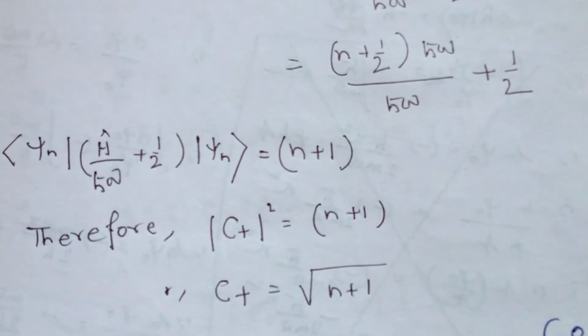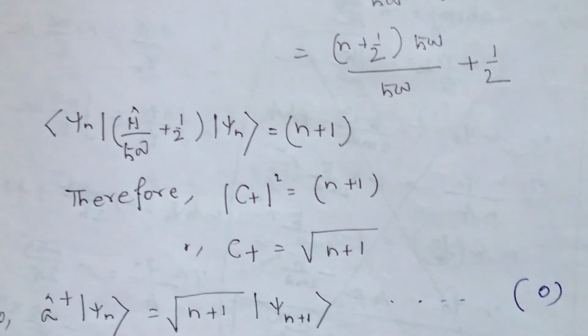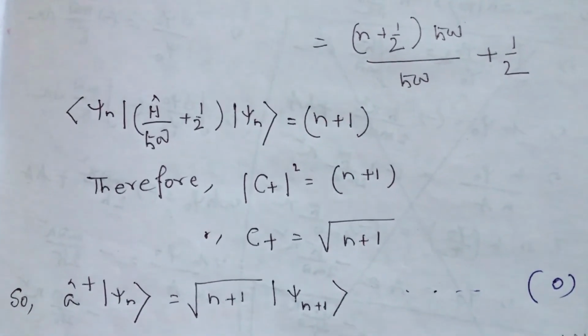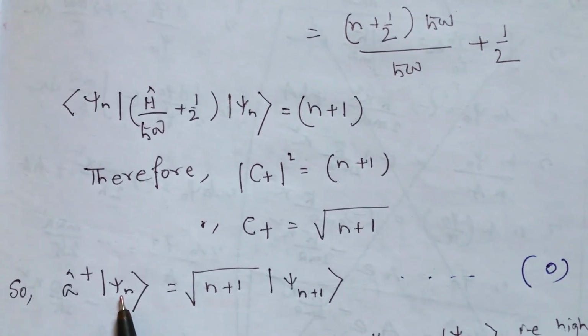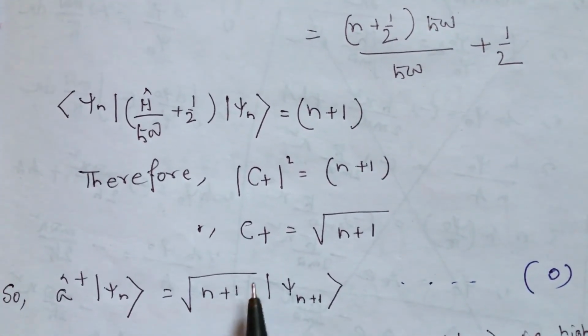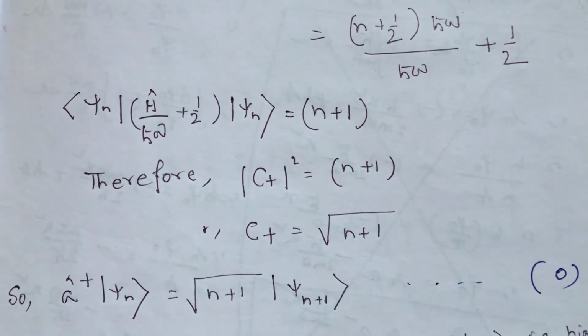So this C plus is now root over n plus 1, and I get equation O, which tells me that when a dagger is applied on psi n, I will get root over n plus 1, and the state becomes psi n plus 1.